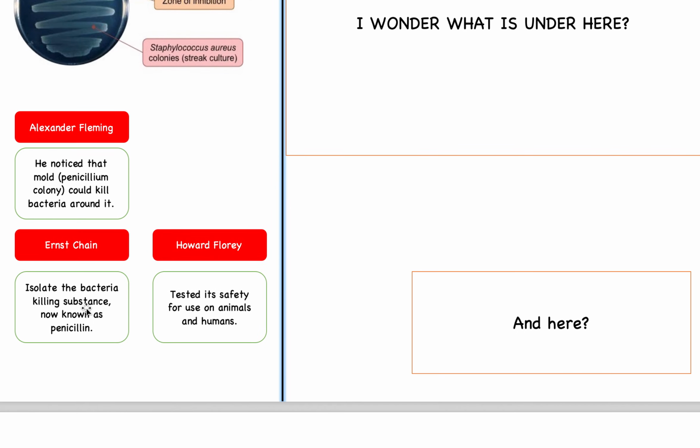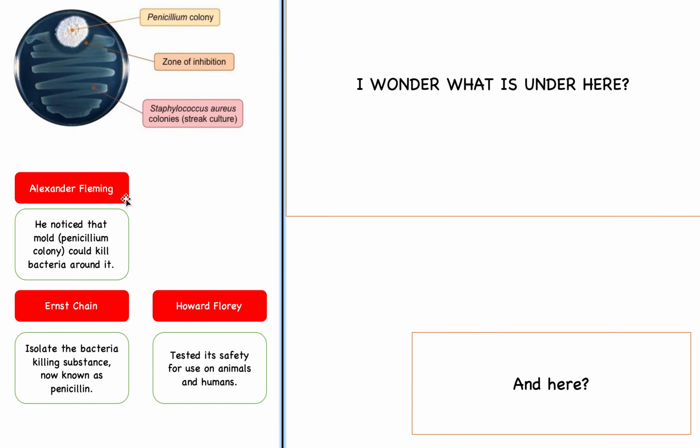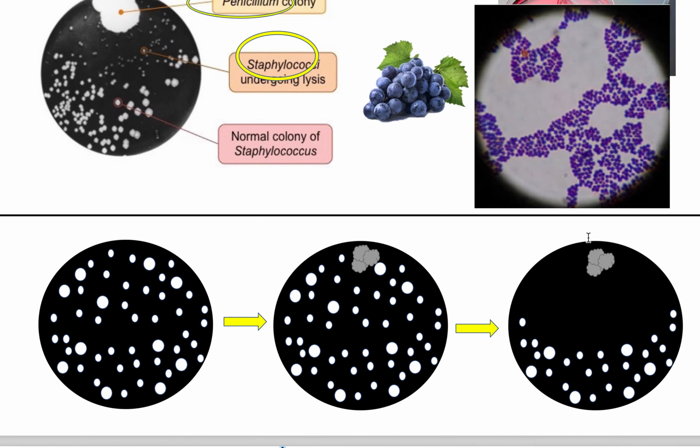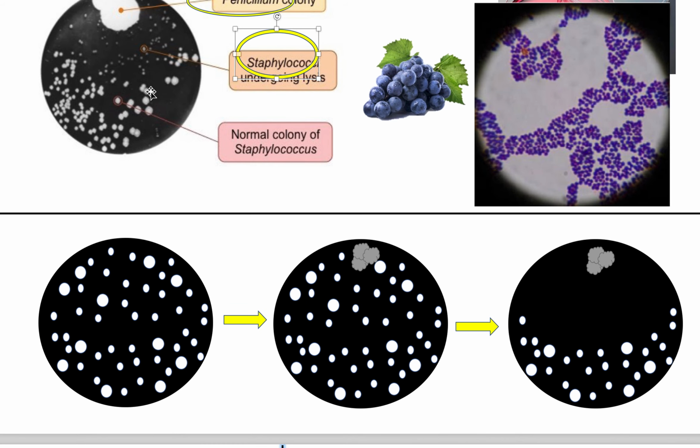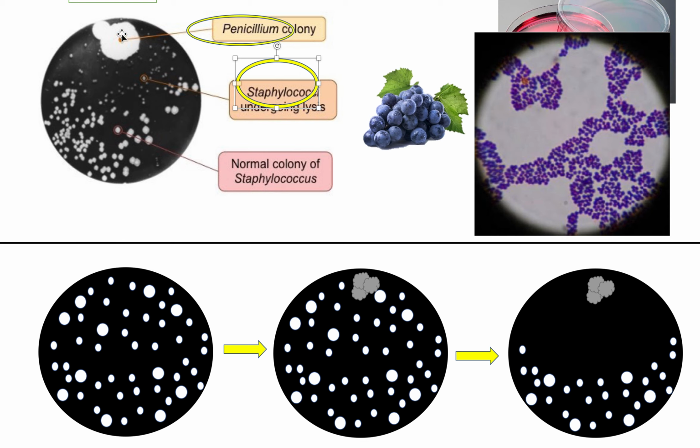Now, there are 3 people that you need to know about in the IB, called Alexander Fleming, Ernst Chain, and Howard Florey. Alexander Fleming is the guy who noticed this phenomenon. He's the guy who was growing the bacteria, and then accidentally these fungi were starting to grow, and it caused this kind of shape. And so he was the one who noticed that the fungi were making something that was killing the bacteria.